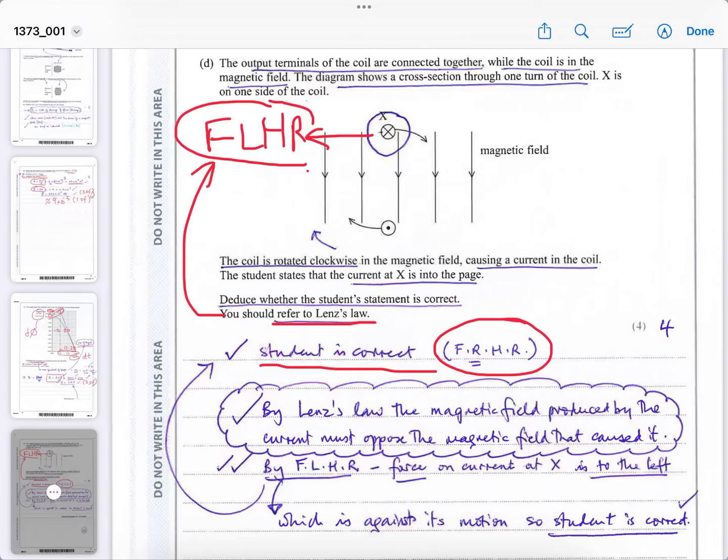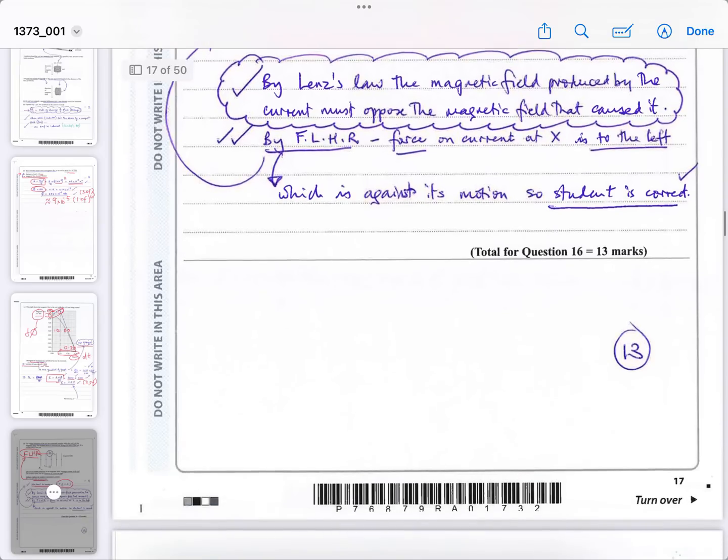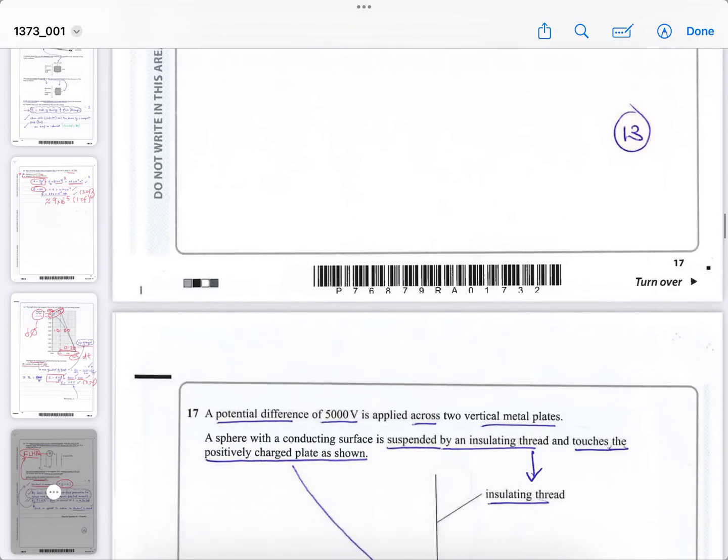You can also use Fleming's right-hand rule, check if the student's correct, and then explain why it produces, by Lenz's law, a force that's opposing the motion that created it. Hope that makes sense. These are common questions in the exam, and this is quite a good one to learn from. That's taken us to the end of question 16.